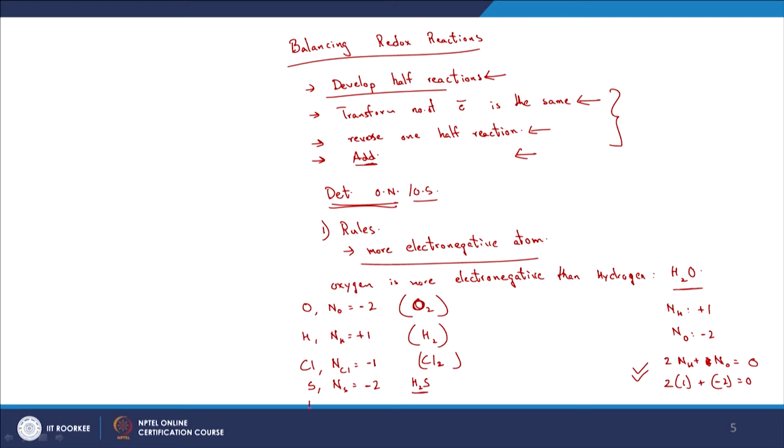And for nitrogen, it's going to be equal to minus 3, as in, for example, NH3. So with this background on the electronegativities of the different atoms we looked at: oxygen, hydrogen, chlorine, sulfur and nitrogen.